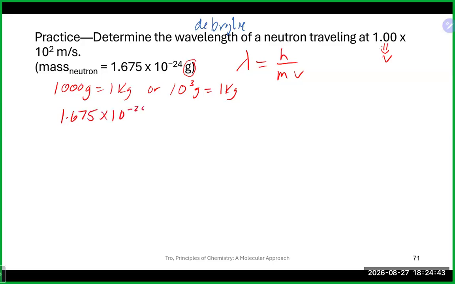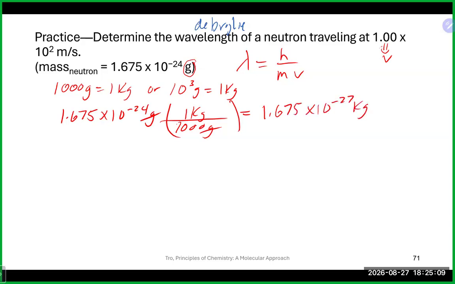Minus 24 grams, we're going to divide by 1,000, basically. Grams are going to cancel, and we got 1.675 minus 24 divided by 1,000. Going to get 1.675 times 10 to the minus 27 kilograms in this case.